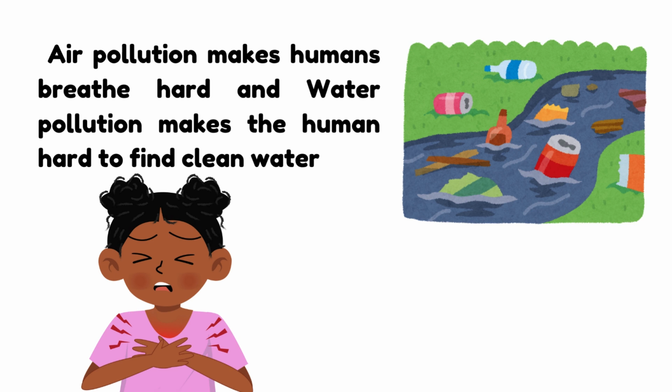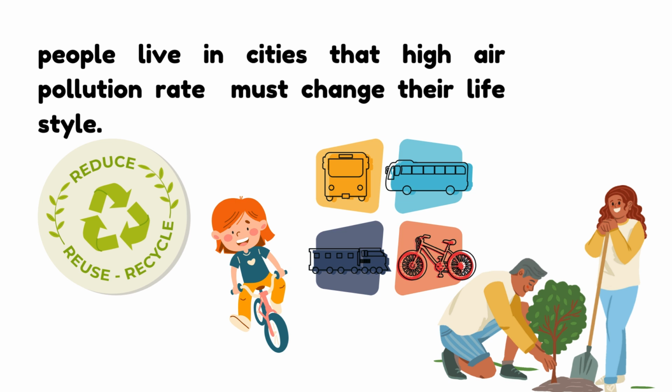Okay, so we need solutions for these problems of air and water pollution. The solution here for the people who live in cities that have a high air pollution rate is that they must change their lifestyle. How? They can reduce using their own cars, and instead ride bicycles or use public transportation like buses or trains.